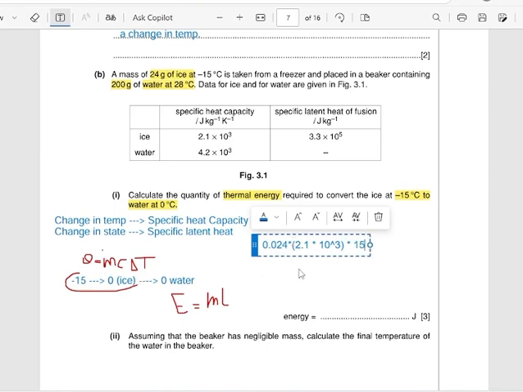You're not supposed to convert it into kelvins, because a change in temperature is always in degrees Celsius. And then we're just going to add this as well.